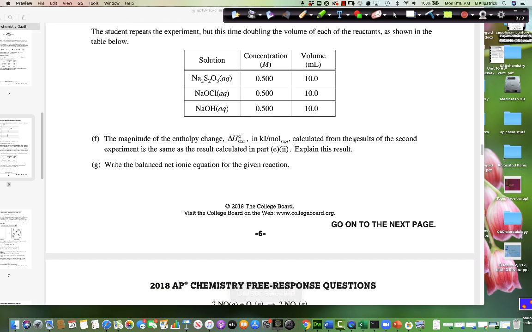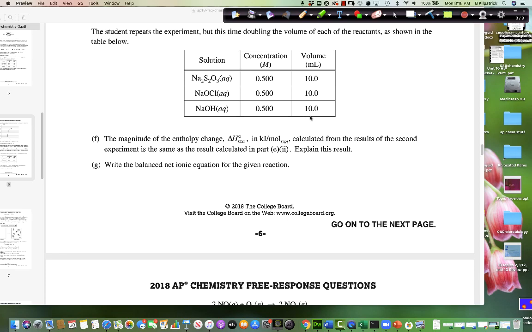It says the magnitude of enthalpy change in kilojoules. So we did another experiment essentially. They doubled the amount. They haven't doubled the concentration, but they doubled the amount of the reaction. If that were to happen, I would probably expect maybe more heat to be released, because you have more of the limiting reagent.